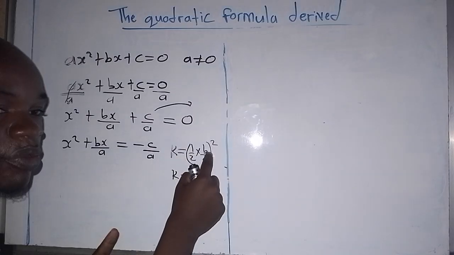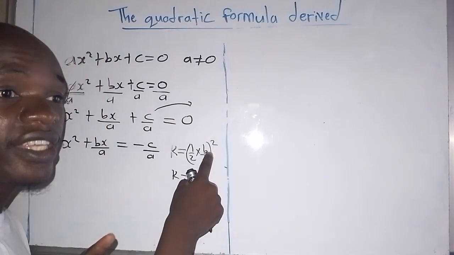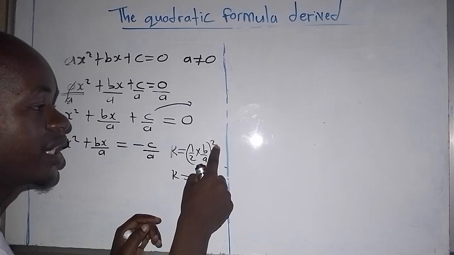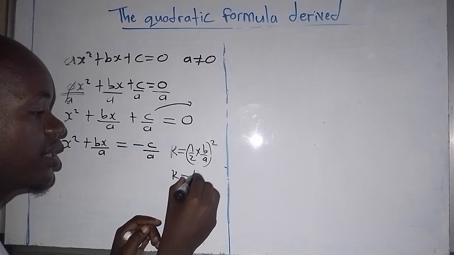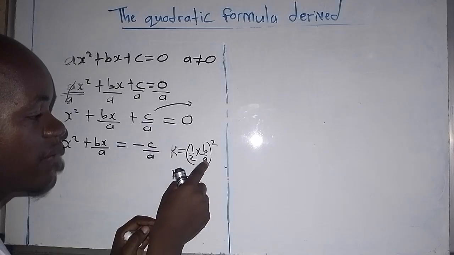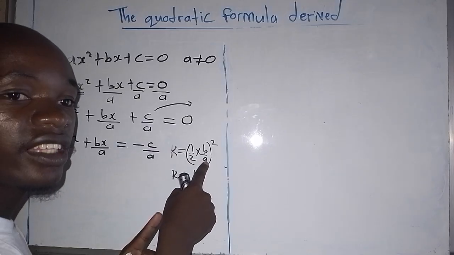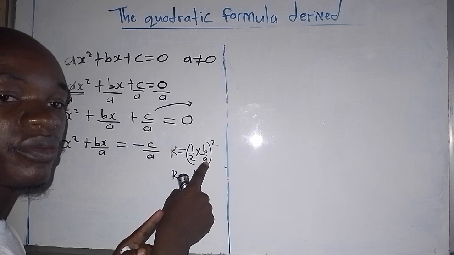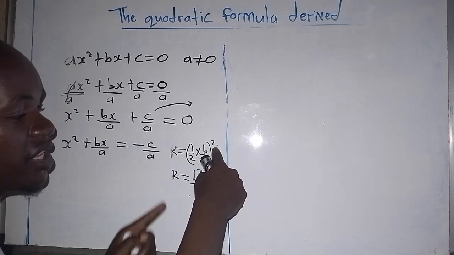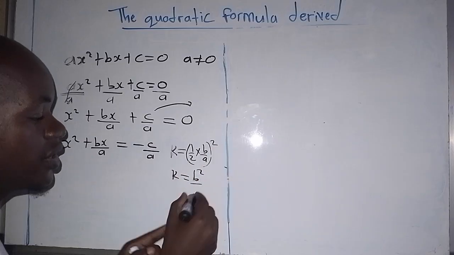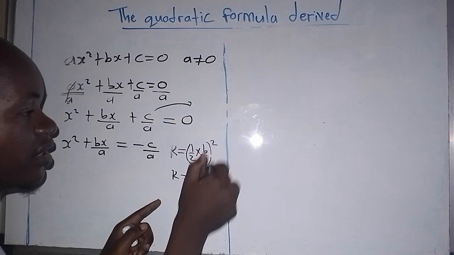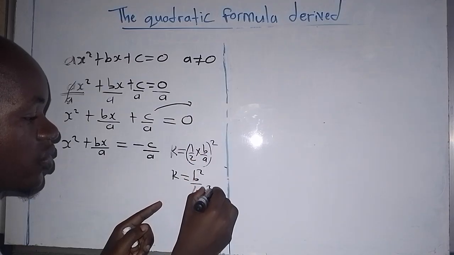What is 1 times b? It is b, but this b is affected by the power of 2, so we have b squared over, then 2 times a is 2a, and 2a to the power 2 is 4a squared.